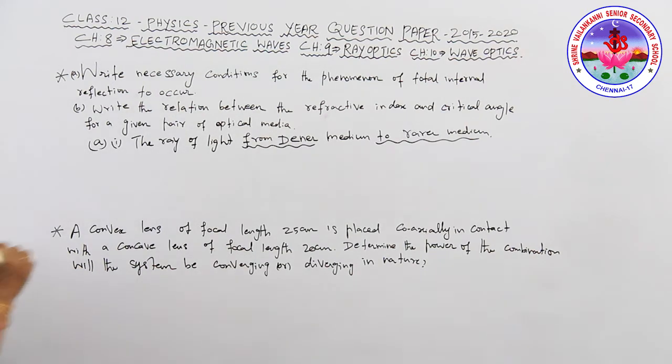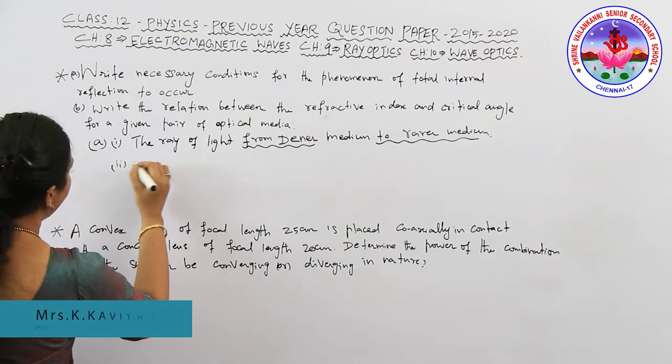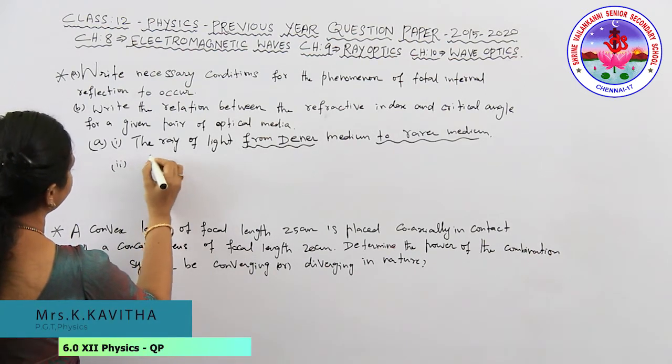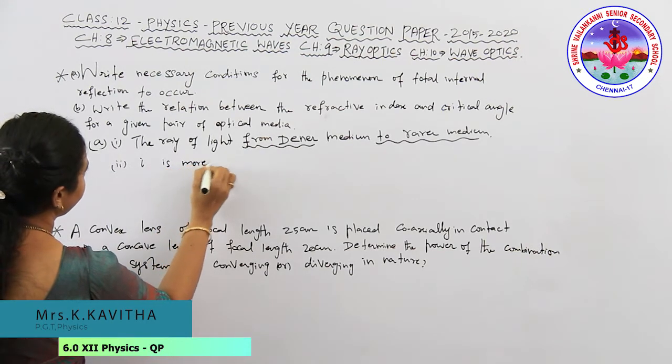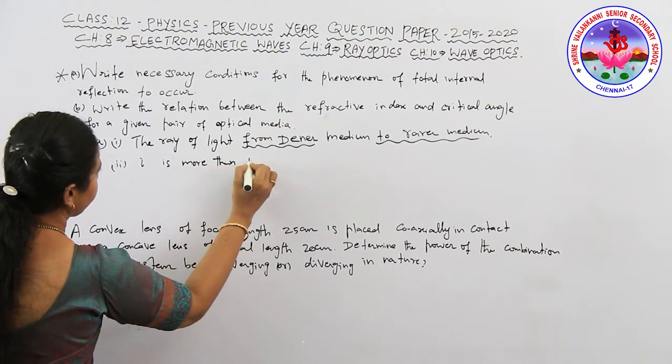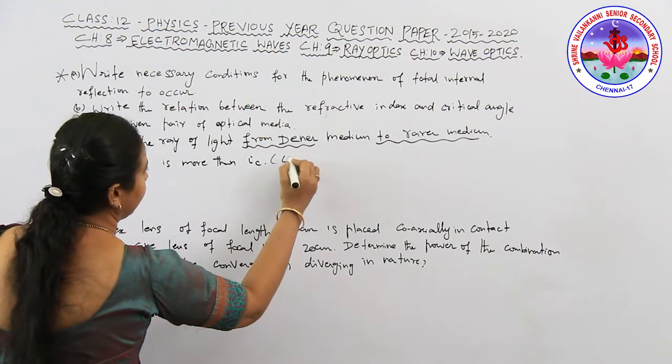And the second point is the angle of incidence should be more than the critical angle, that is, i is greater than i_c. That is nothing but the angle of incidence should be more than the critical angle, i_c being the critical angle.